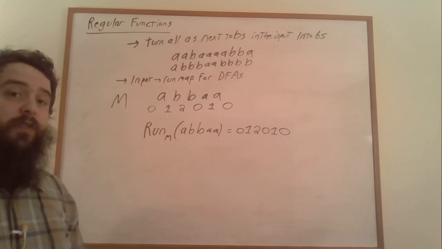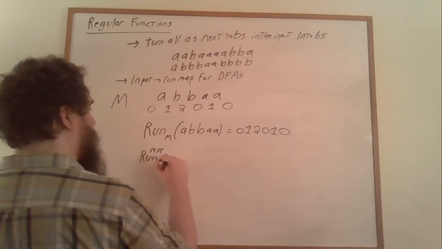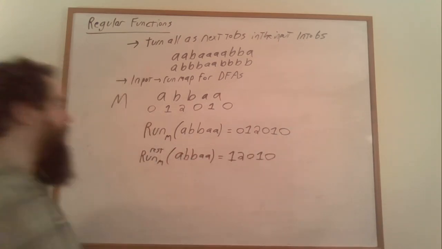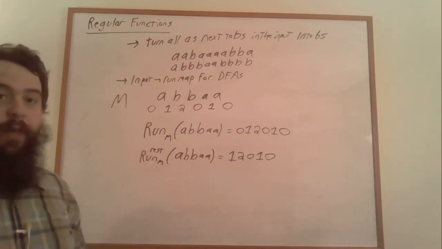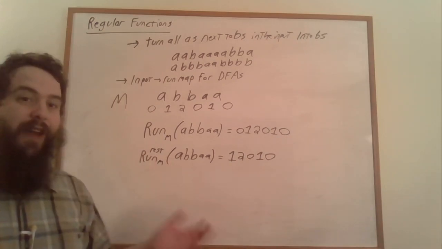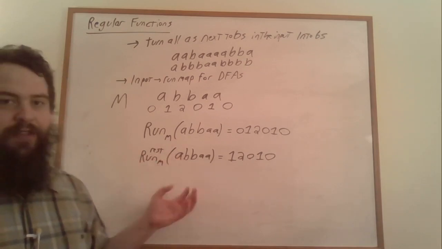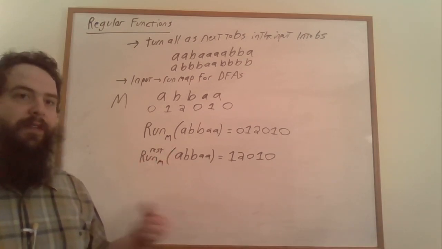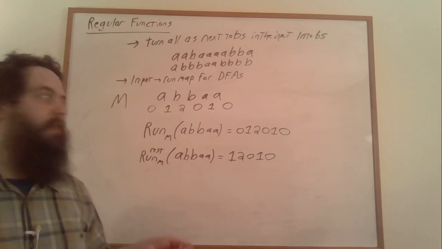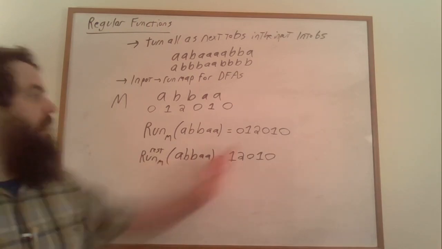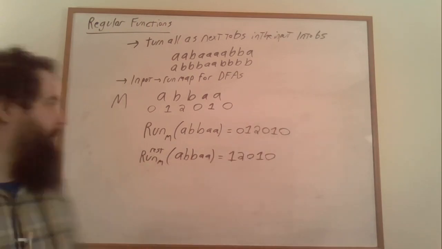For that function, I'll call it run rest sub m. But actually, after having rewritten my thesis several times in order to try to get this notation to work nicely, I found it better to work with the run map that gets rid of the last character.